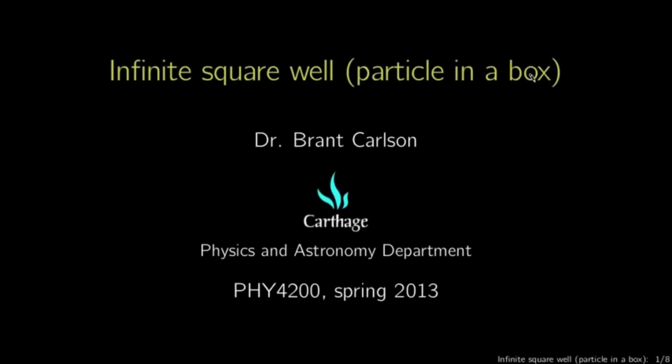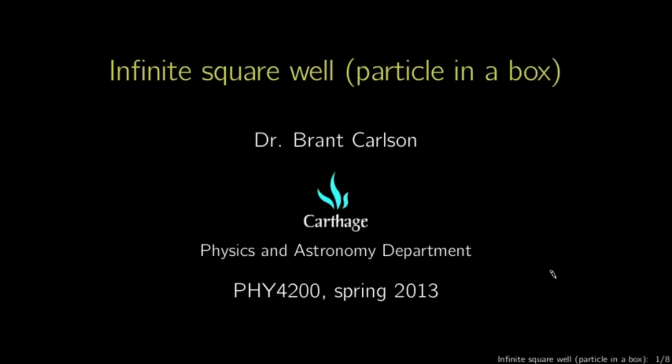We've been talking about solving the Schrodinger equation and how the potential function encodes the scenario under which we're solving it. The first real example of a solution to the Schrodinger equation, and a realistic wave function that we will get, comes from the infinite square well, which I like to think of as a particle in a box.